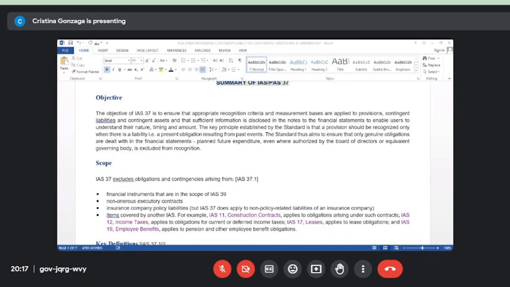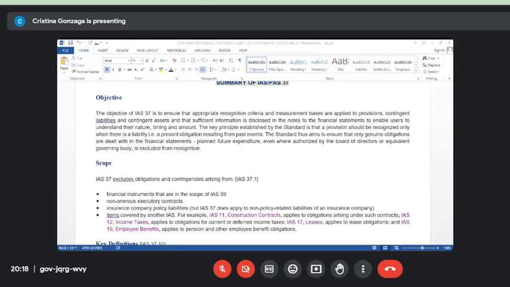Kaya para makapag-record tayo ng provision, normally it is an item for adjustment at the end of the year or at the end of the reporting period. Kaya meron tayong adjusting entry to record the accrual of that obligation. Kasi kailangan may amount tayo. The amount of the obligation can be measured reliably.